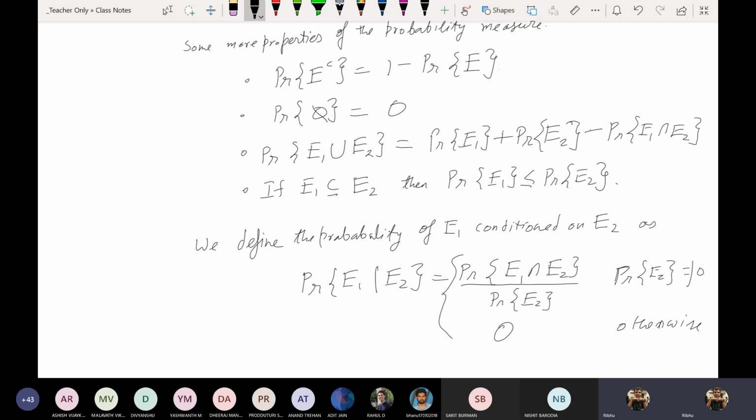Fine. This is how we define the conditional probability. So I hope this is okay till this point.